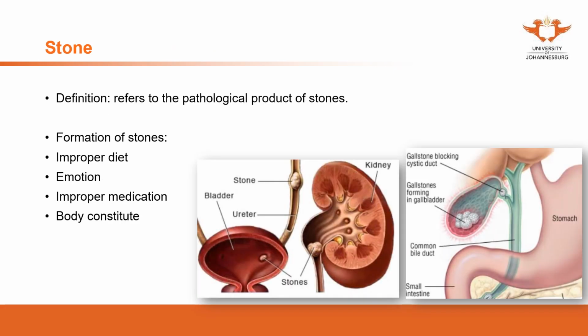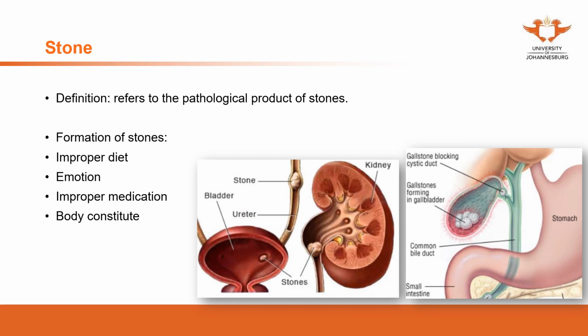There's another pathological product, stone. Stone refers to the pathological product of stones. So for this pathogen, it's very obvious, it is stones in the body. The categories of stones are actually quite simple.